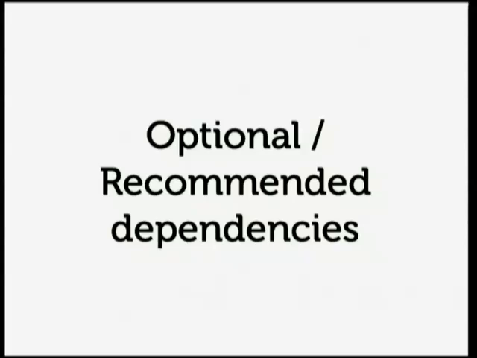Another thing that I would really like to have is optional and recommended dependencies. The main difference between recommended and optional dependencies is that a recommended dependency is an optional dependency that's installed by default. So an optional dependency is just saying, hey, I don't need gem X, but if it's there, it has to be this version.